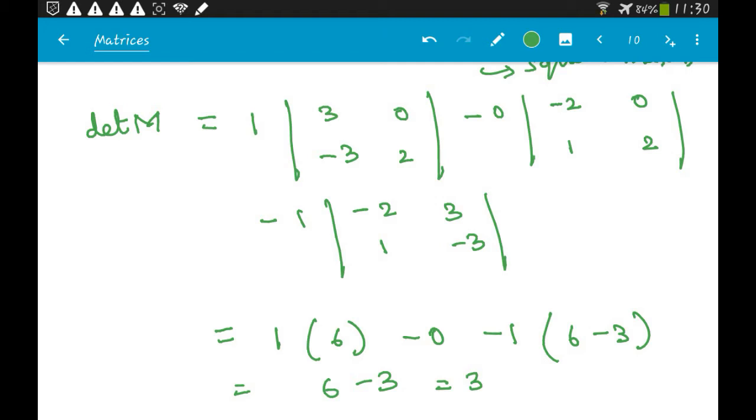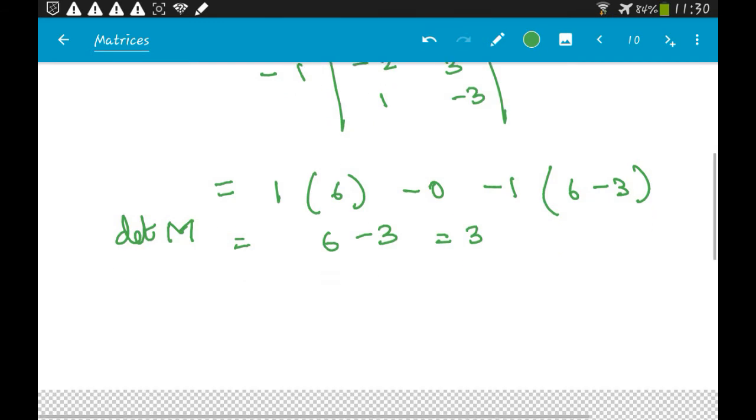You need to check if I have done the calculation correctly. So this is your equation. So this is your determinant of M.